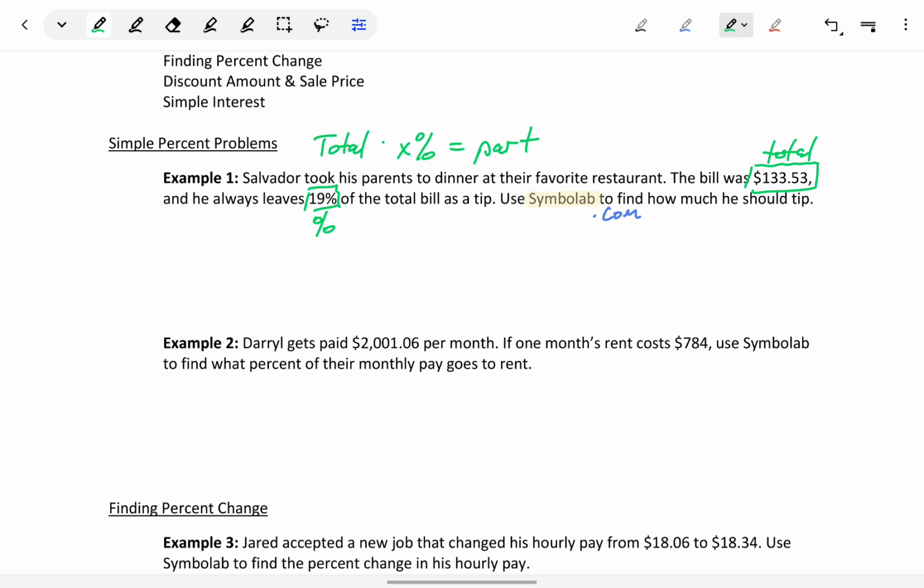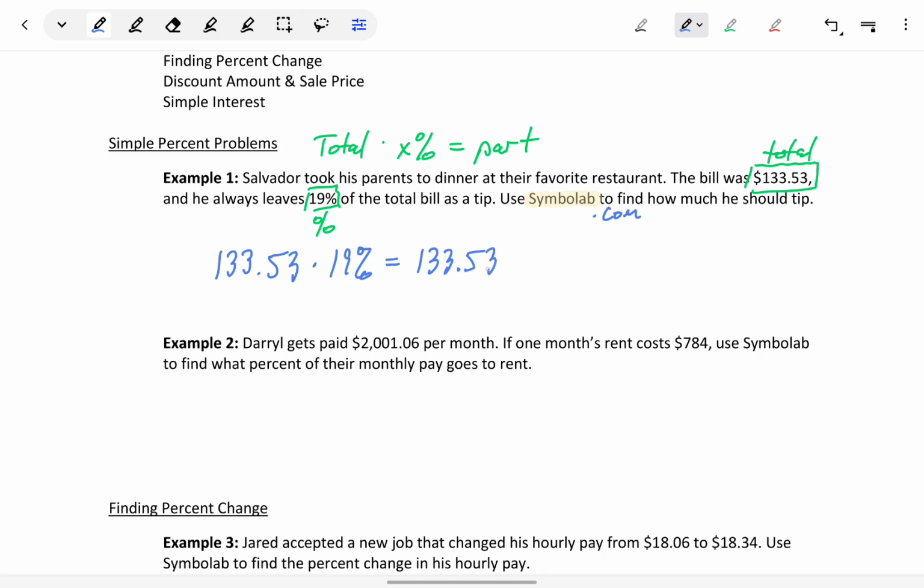We know that the tip is going to be smaller than that total bill, so it's that part that's missing on the right-hand side of the equation. In order to set this up then, we're going to take that total of $133.53 times 19%. Whatever that answer is will be that missing piece of information, and that'll be the tip in this case.